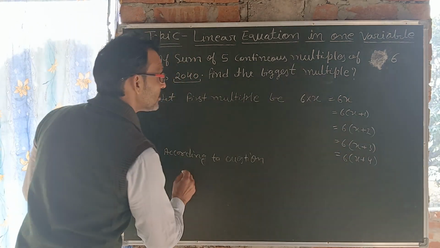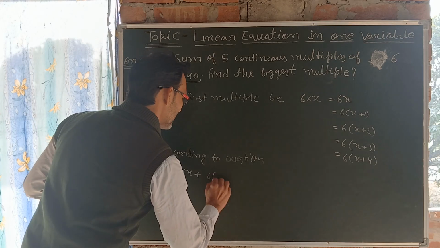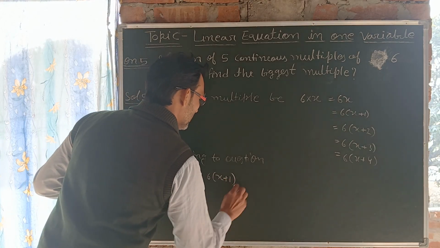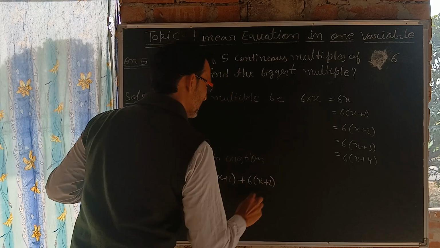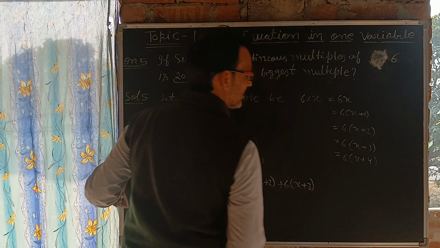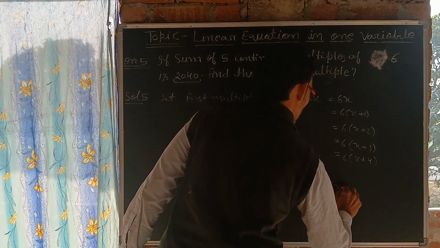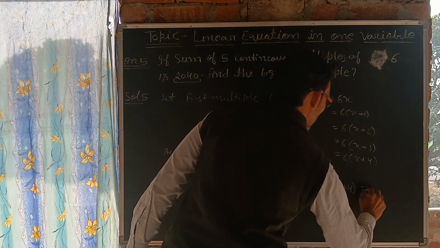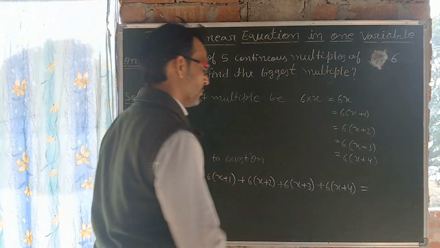So 6x plus 6 bracket x plus 1, and 6 bracket x plus 2, next one is 6 bracket x plus 3, and next one is 6 bracket x plus 4, and the sum of all these multiples is 2040.